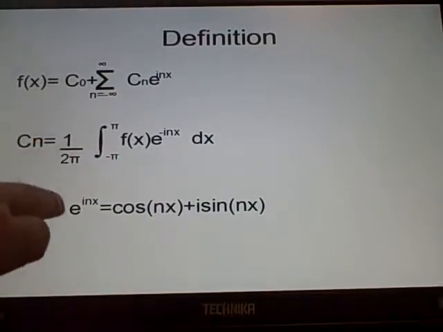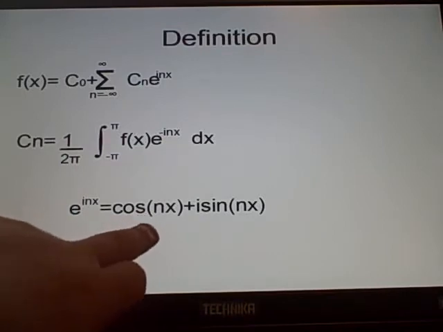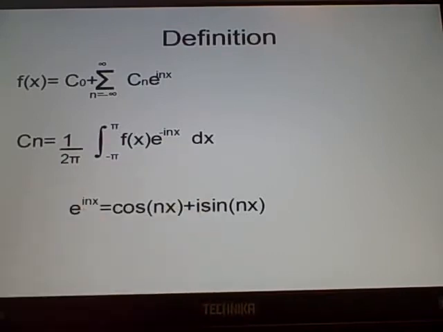Now e to the i nx is the same as cosine nx plus i sine nx, yeah? And cn in this case, and c0, just replace the n's with zeros, is 1 over 2 pi times the integral from minus pi to pi of f of x, our function, times e to the minus i nx dx. Now don't forget that minus, because I did in this example, and this is the second time I've recorded this.